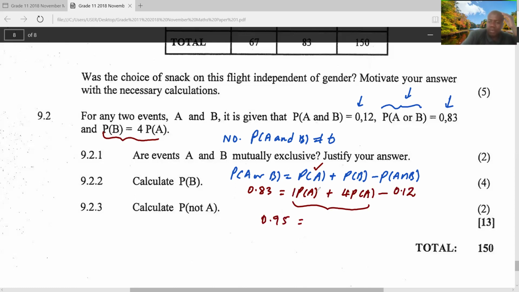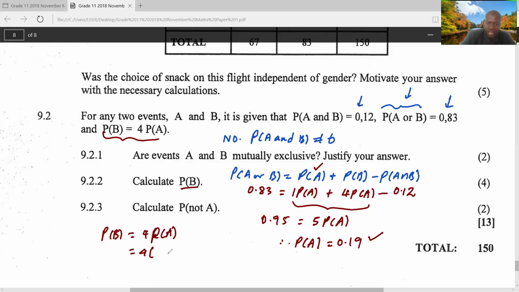On the other side, the like terms are 1 times the probability of A plus 4 times the probability of A, so this is 5 times the probability of A. Then let's divide by 5. 0.95 divided by 5 gives us 0.19. But we don't want the probability of A, we want the probability of B. We are told that the probability of B is 4 times the probability of A. Since we got the probability of A as 0.19, we substitute, and the probability of B is 0.19 times 4, which is 0.76. So 0.76 is the probability of B.